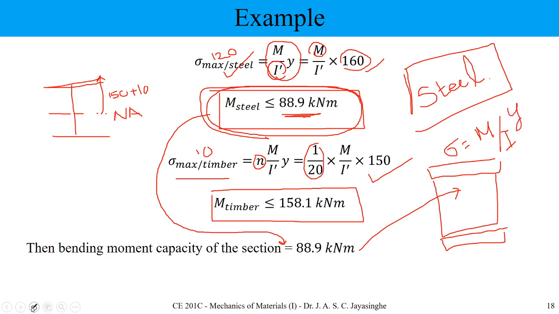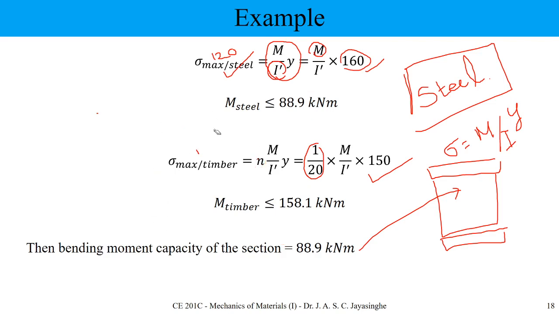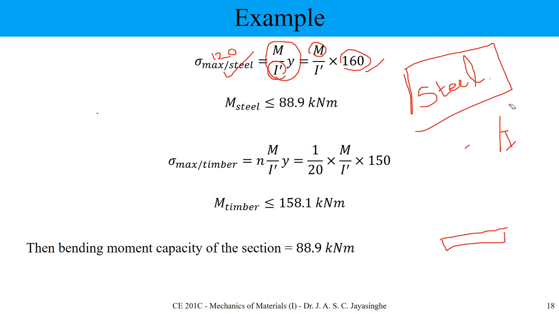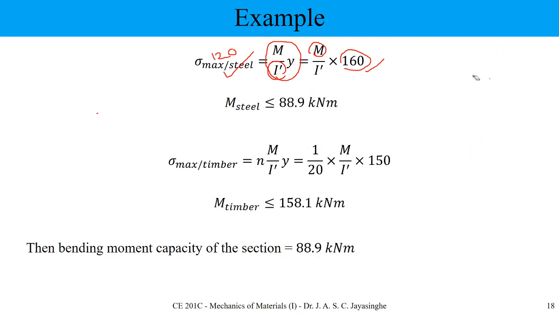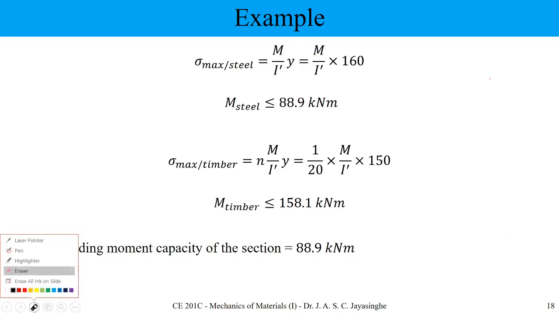But think about if anyone likes to use the simple shear formula, then how are you going to use it? Wait a minute, I will explain that one also in here, so then you can think. So I will take the pen.